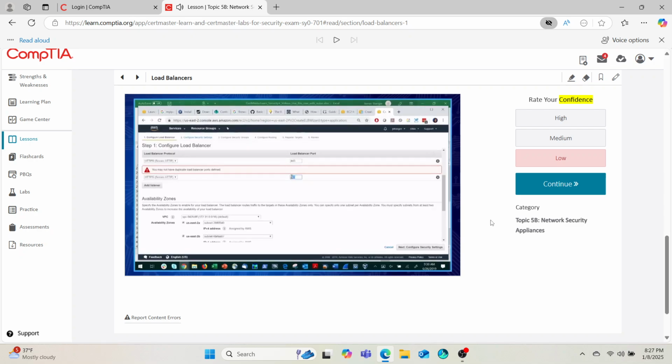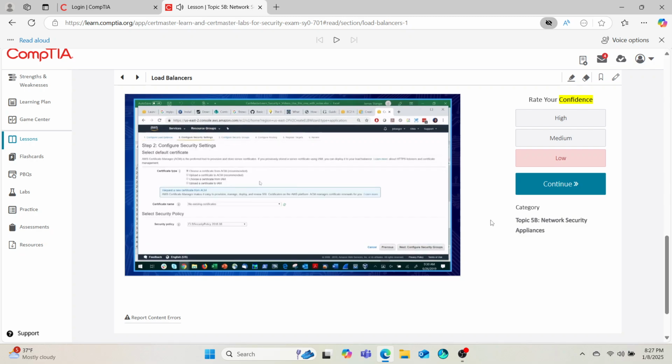So let's see here. I'm going to go ahead and change this to HTTP even as we speak. There we go. And you can now set your security settings, and you can get your certificate from various sources. I'm going to go ahead and do it here from Amazon Web Services' existing certificates.